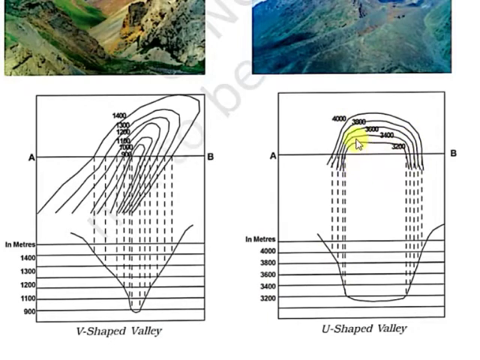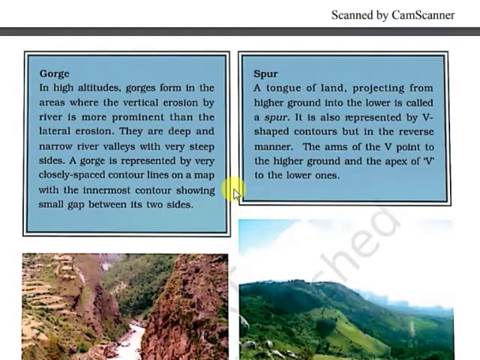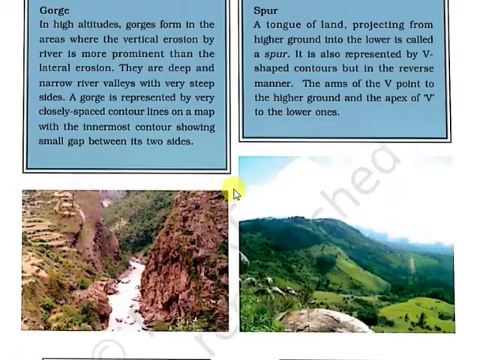Whereas in the elevated portion, like that of the conical hill and plateau, things were reversed. The central part had the maximum numbers and the outer parts had the least numbers. So here is a gorge.